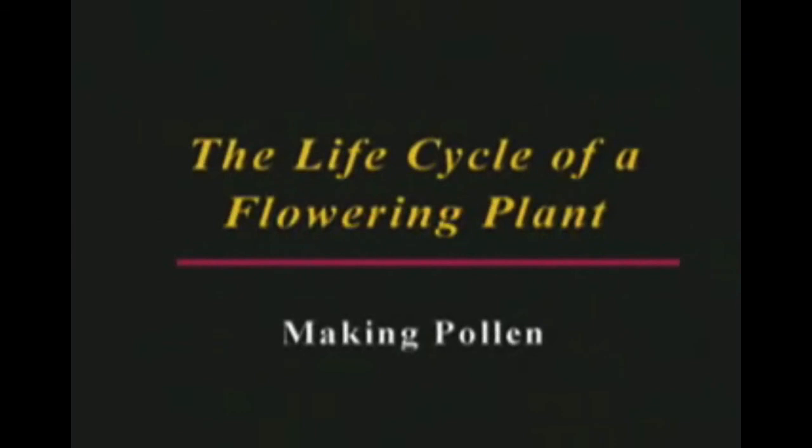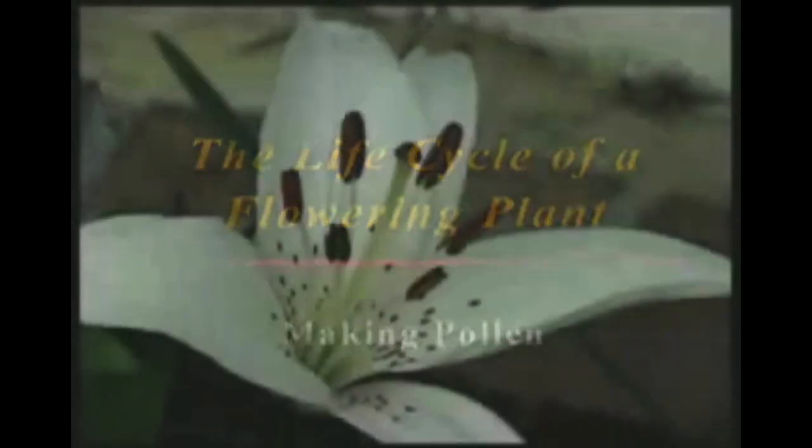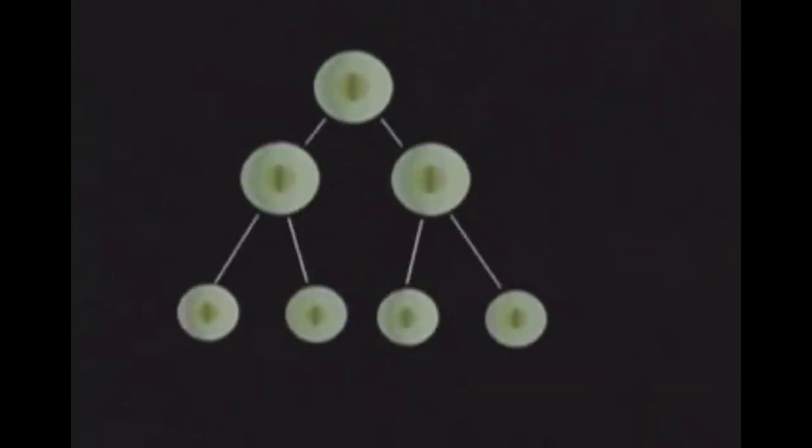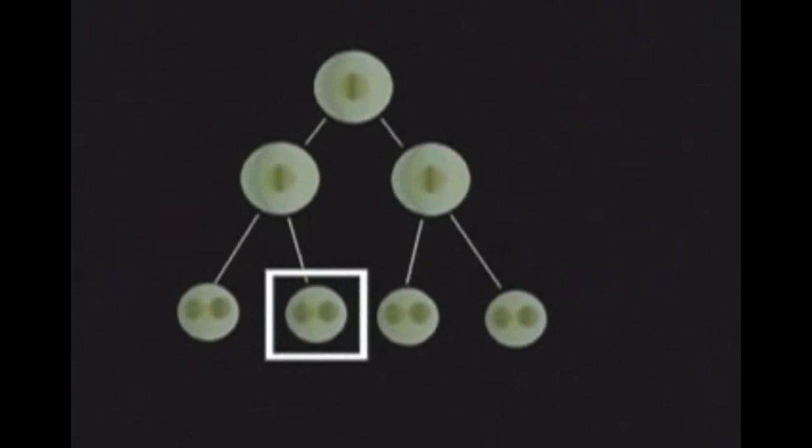As the flower's ovary is busily producing eggs, its anthers are busy too, making pollen. Like the ovule cells in the ovary, tiny diploid anther cells undergo meiosis to produce 4 haploid spore cells, known as microspores. Next, the nucleus of each microspore divides, but its cytoplasm remains intact.